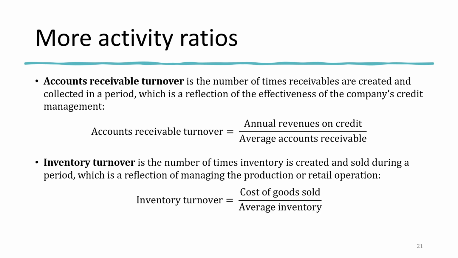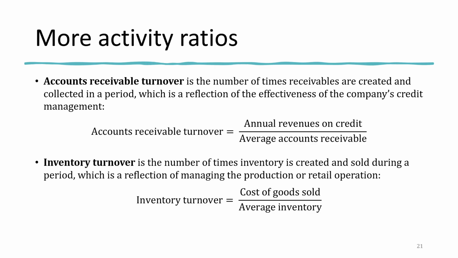Now, with both accounts receivable and inventory, we had looked at the number of days of sales in receivables and number of days sales in inventory. We had looked at these number of days earlier in the context of the operating cycle.